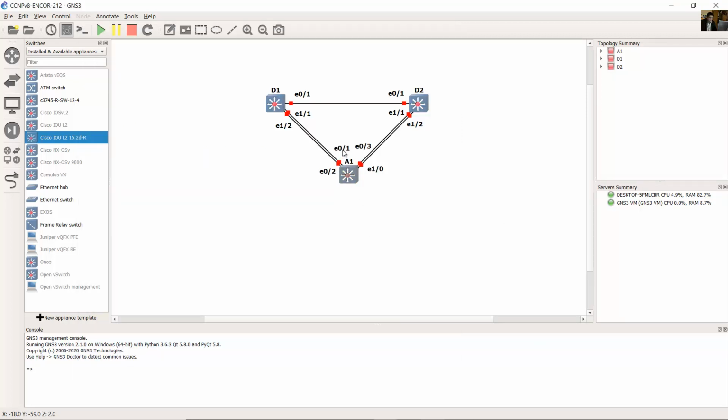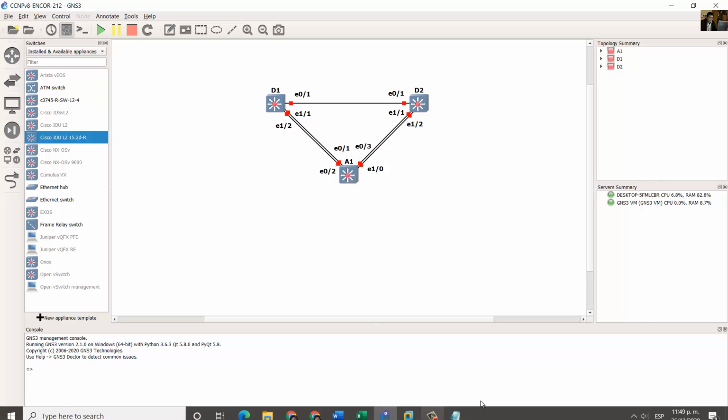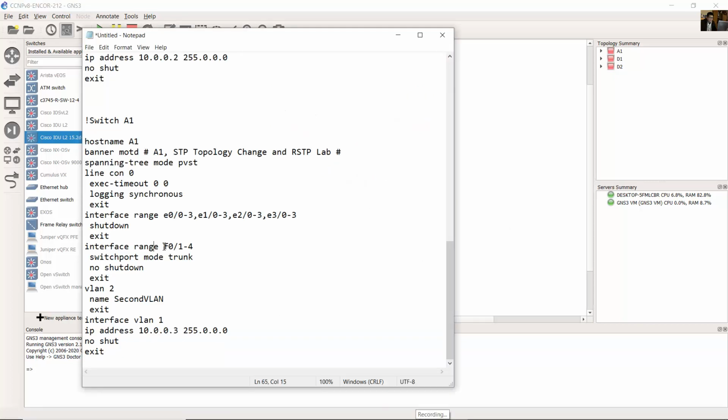But in my case, Ethernet 0/1, 0/2, 0/3, and 1/0. Switchport mode trunk, no shutdown, second VLAN, and IP address number 3. Very good.